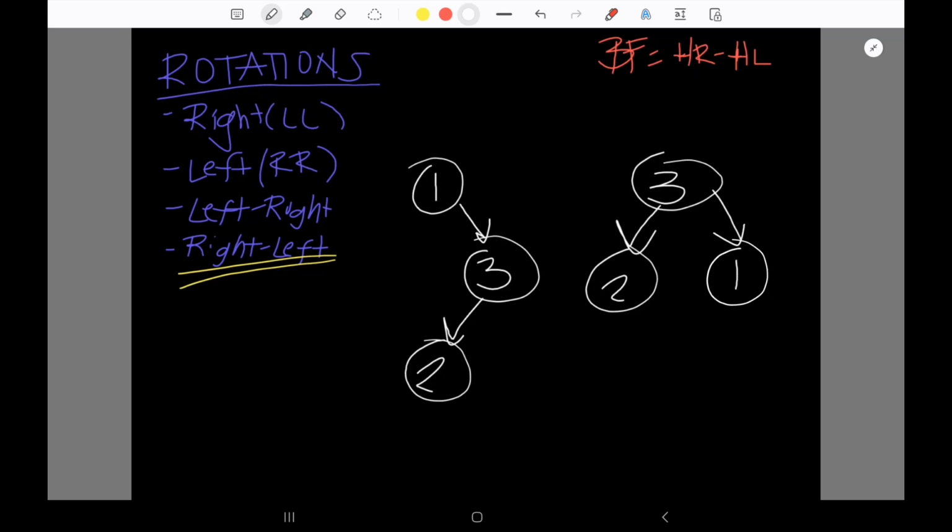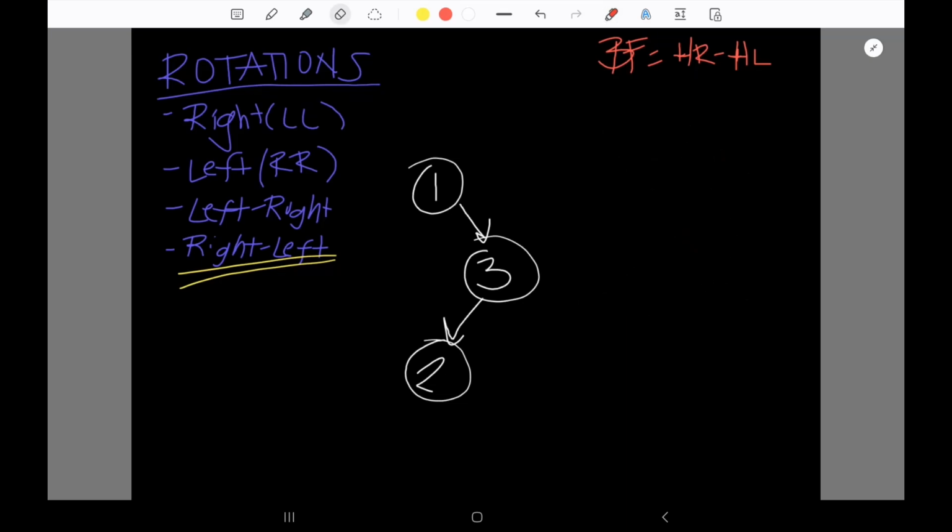So 2, 1, which is obviously wrong. So dealing with that, guys, we have to rotate it following the rules of a binary tree.